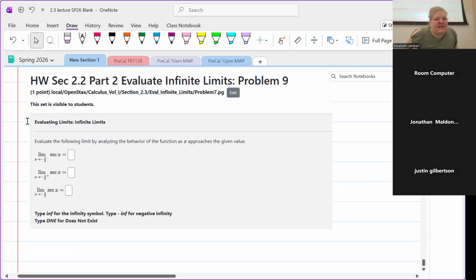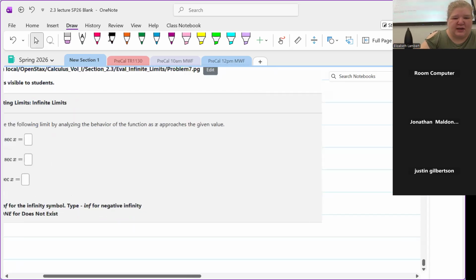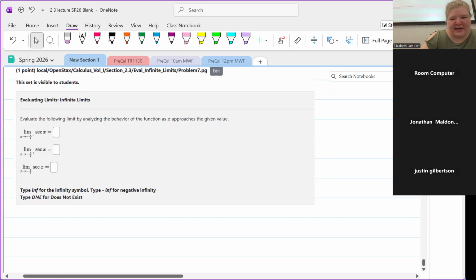This one is asking about the left and right limits at a value for secant of x. You want to be familiar with the graph of secant of x, which we can get if we remember what the graph of cosine of x looks like. So we're going to do some really bad hand sketching.